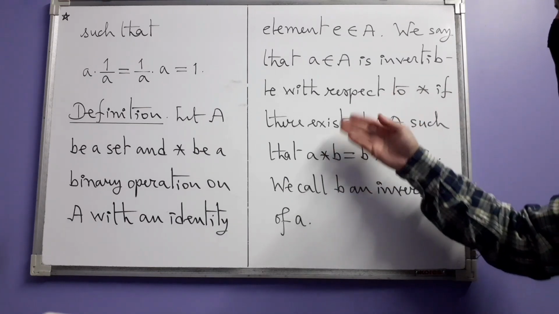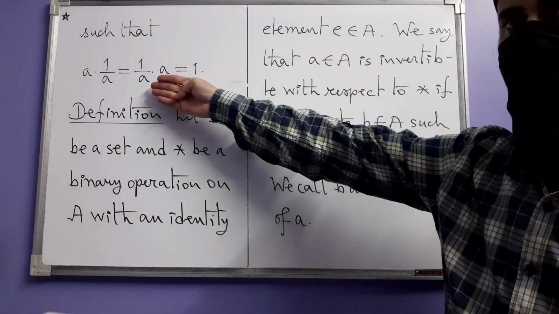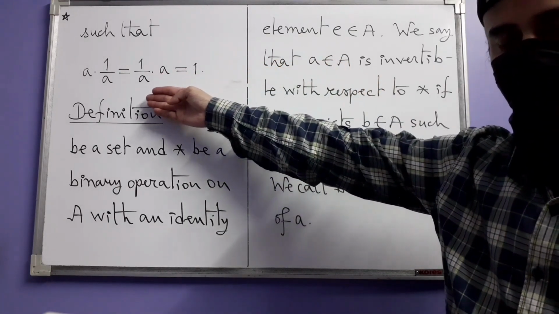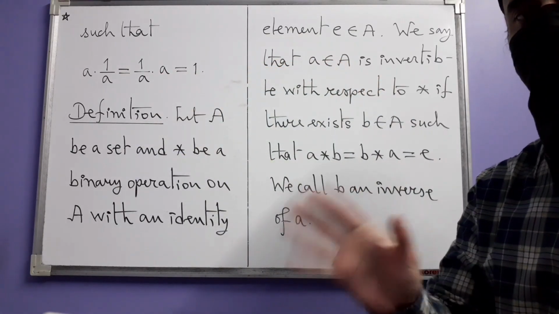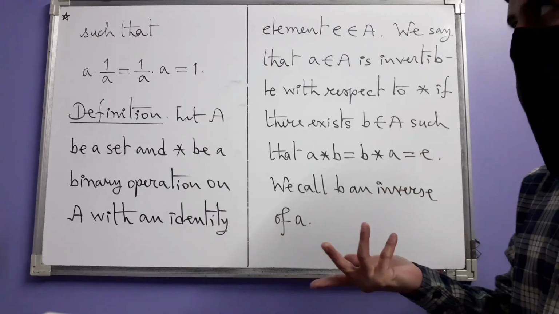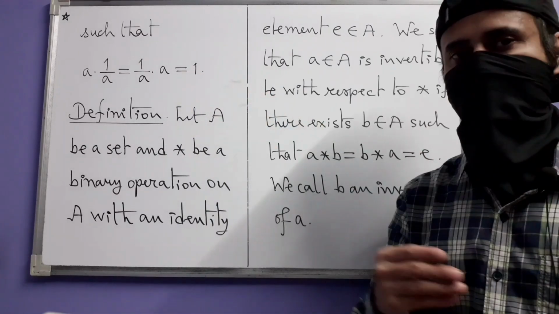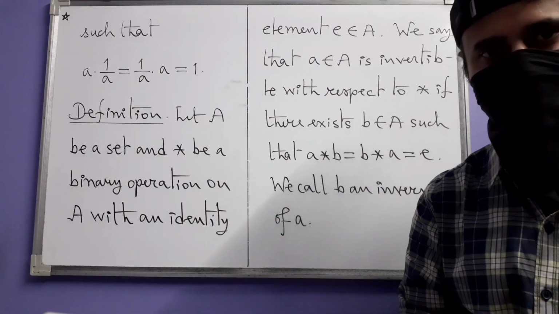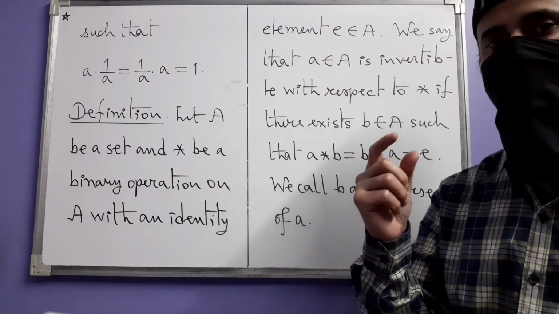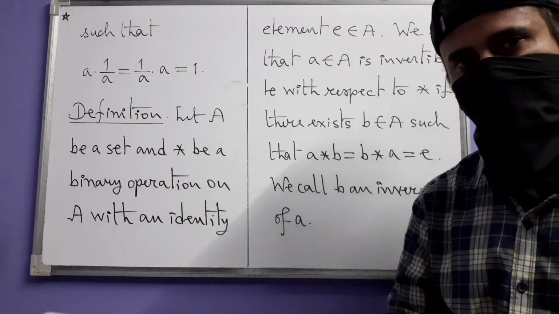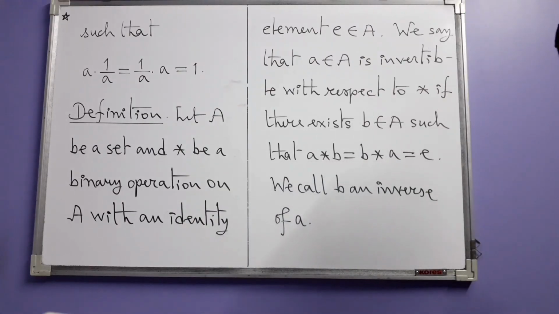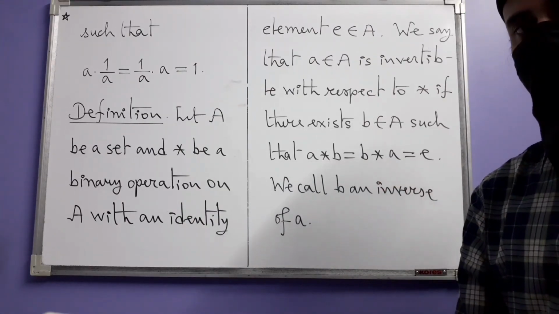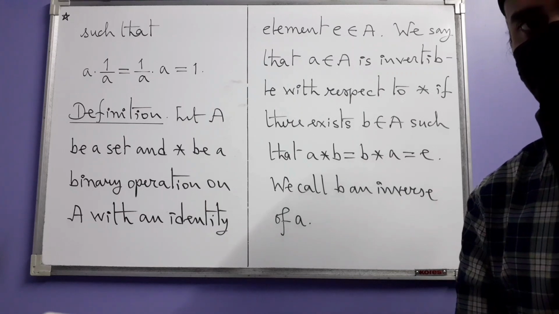So we just now saw that for the operation of multiplication on the set of real numbers, 2 is invertible. Just like that, you can understand that every non-zero real number is invertible with respect to multiplication, with its reciprocal as its inverse. But what about 0? 0 is not invertible.